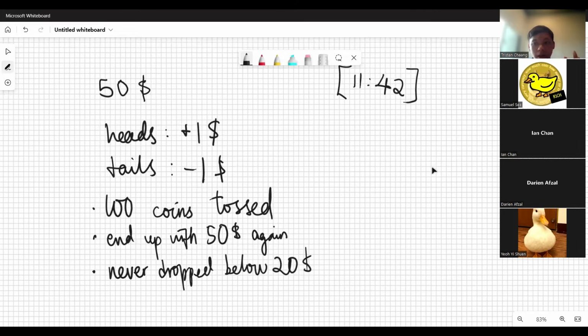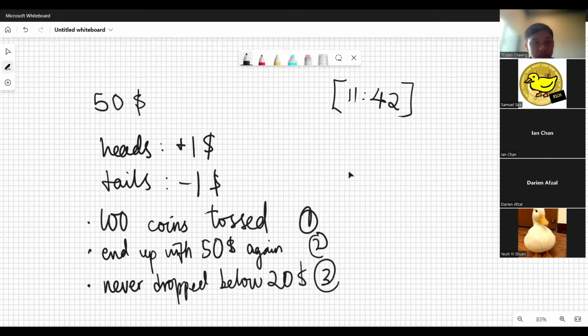Well, without the second thing, it would be 2 to the 100, because every coin you toss could be a head or a tail, but you want to make sure you end up with $50 again. Yes, the answer would be 100 choose 50 if the third condition is non-existent.